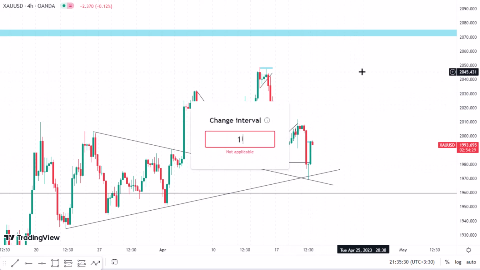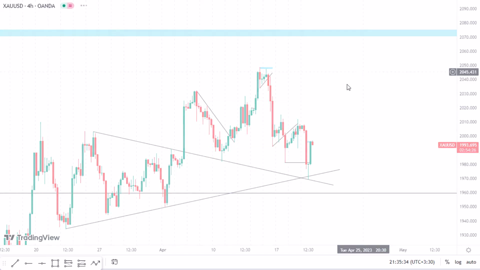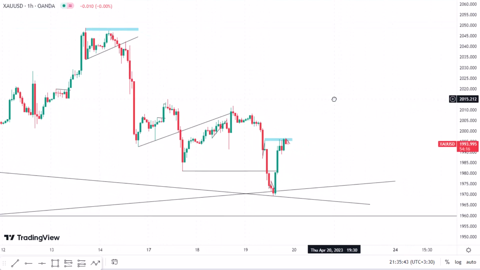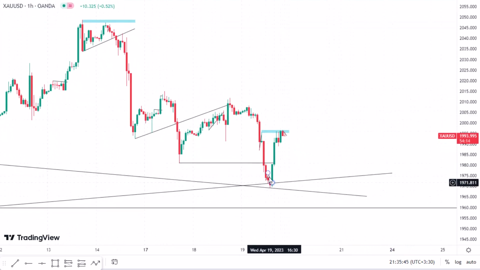If we check lower time frames, let me go to 1 hour. If the chart gets loaded, yeah, we can see the price was falling, okay, with candles without shadow from downside.